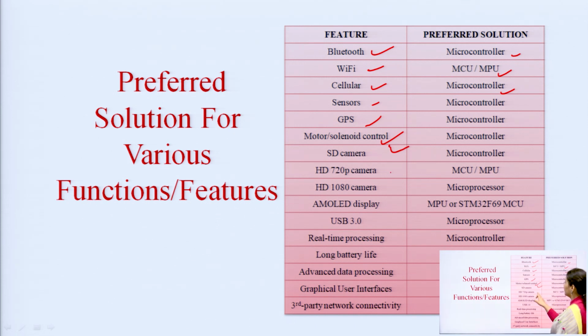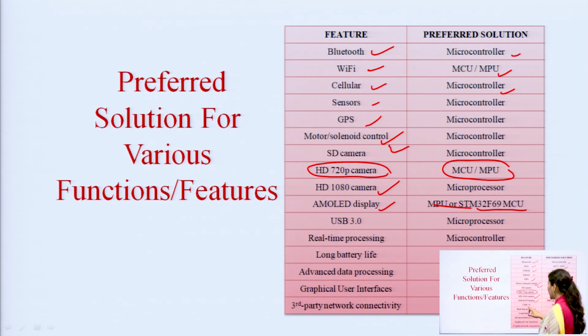Then if we are using an HD 720 pixel camera, either a microprocessor or microcontroller can be used. Similarly, the microprocessor is a better option for an HD 1080 camera. If an AMOLED display is to be implemented, then a microprocessor, or an STM series microcontroller, is a better idea.